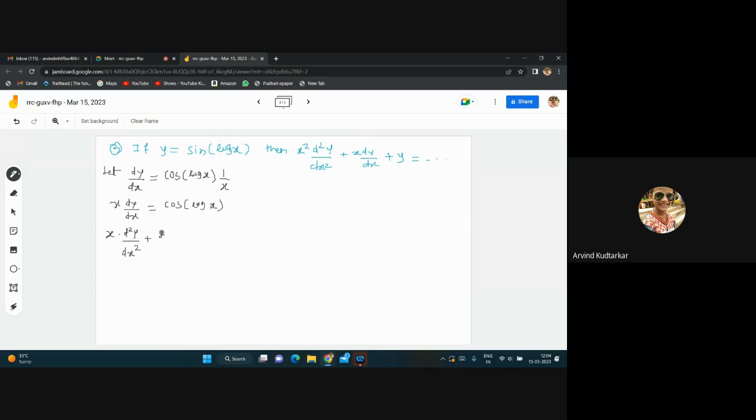So 1 by x is scalar multiple to that whole function. So we can shift, or there is possible to shift the term of x to LHS. And when you shift that term of x to LHS, it means that this will multiply to every term of LHS. So x into x क्या होगा? x square होता है. So x square into d square y by dx square.